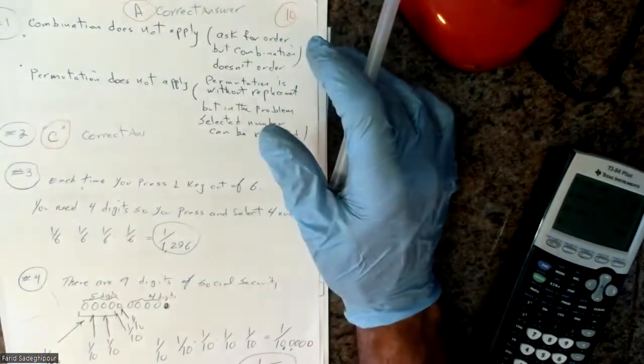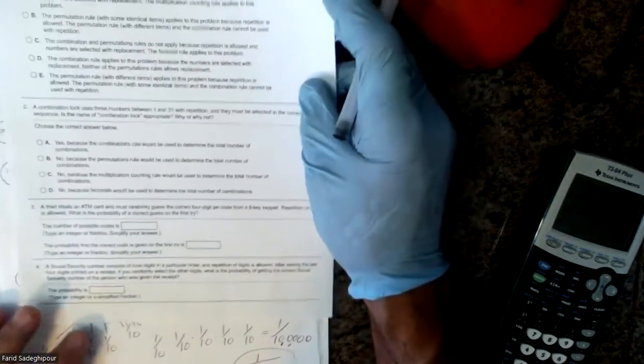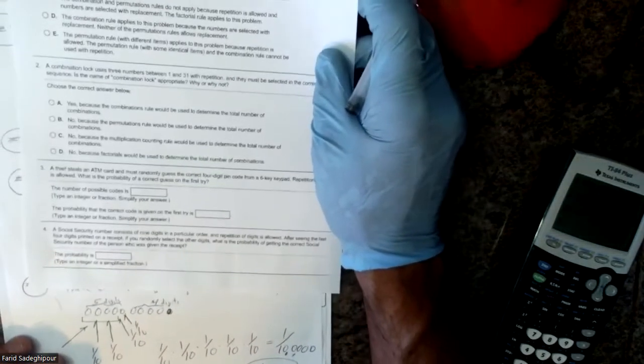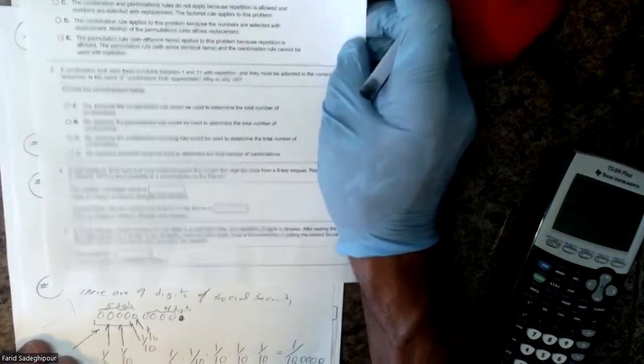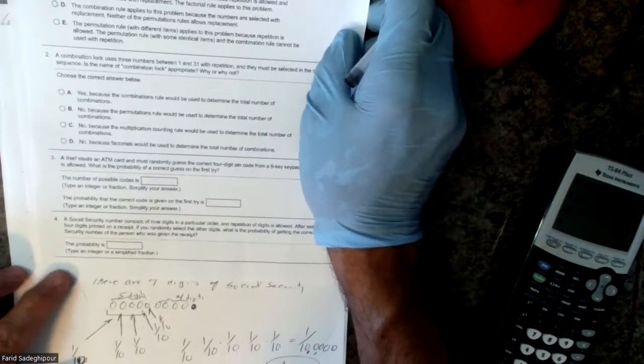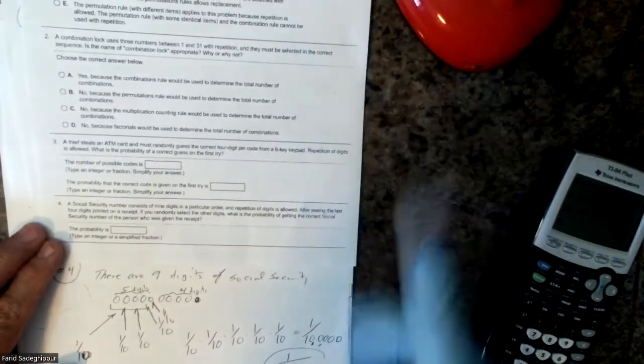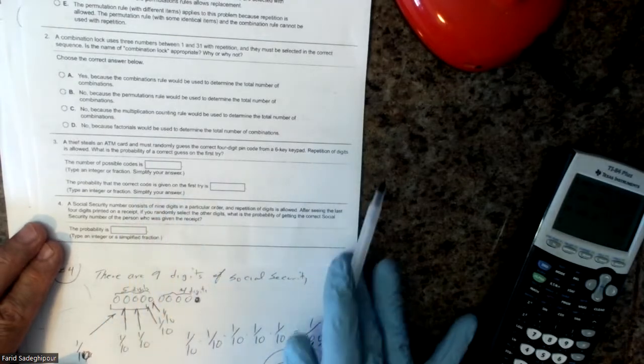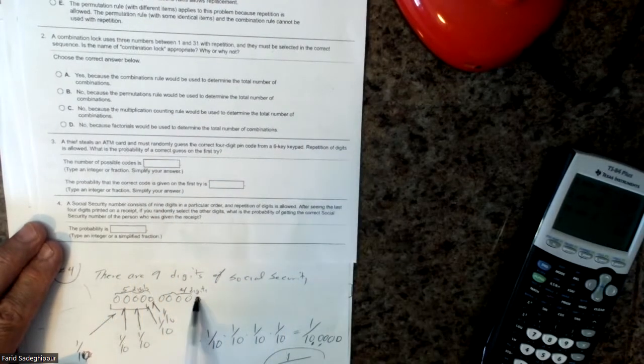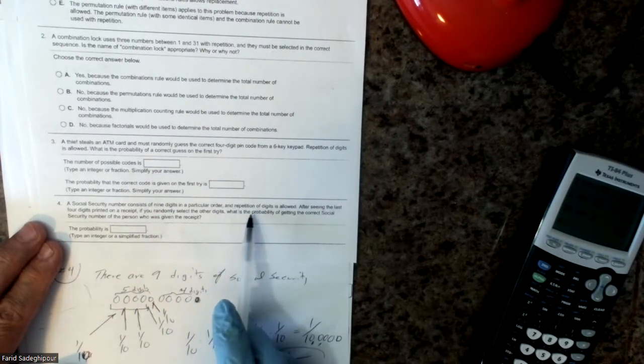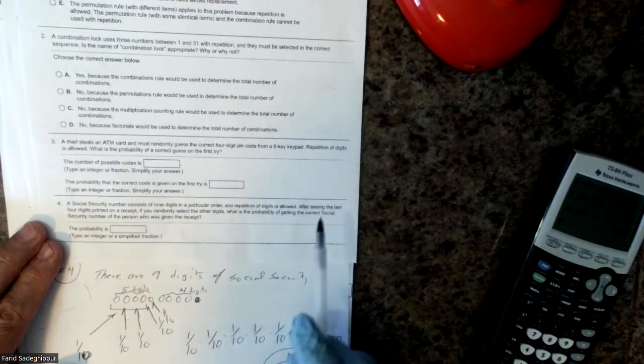And then here, there are for these problems, Social Security number consists of 9 digits and repetition is allowed.